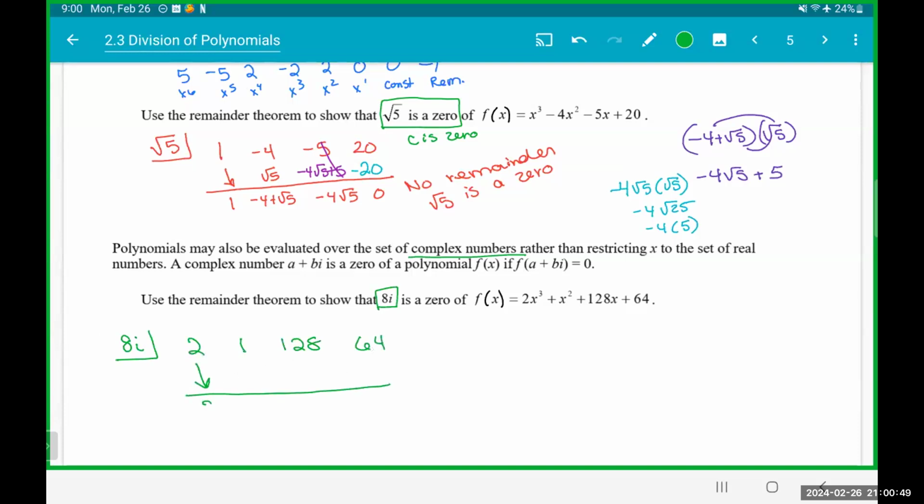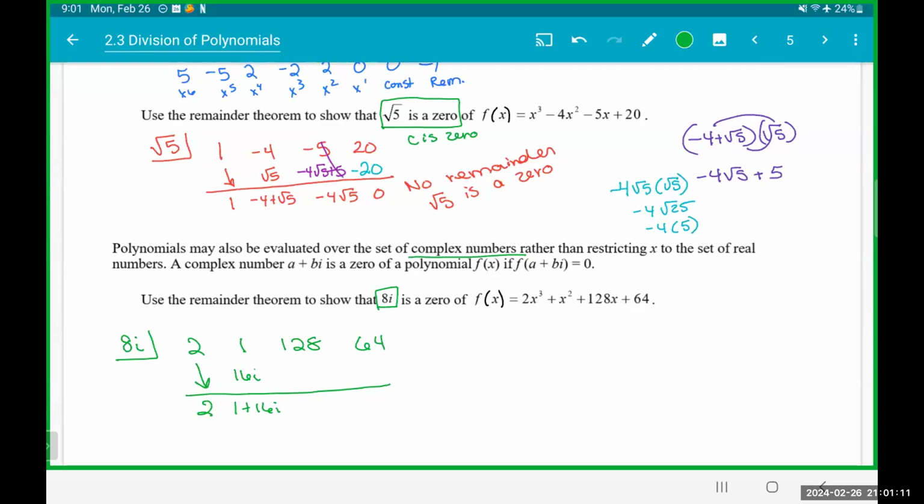Bring our 2 down. 2 times 8 is 16i. Okay, 16i plus 1, so that's 1 plus 16i. You can't mix imaginary, just like you can't mix square roots together with constants.